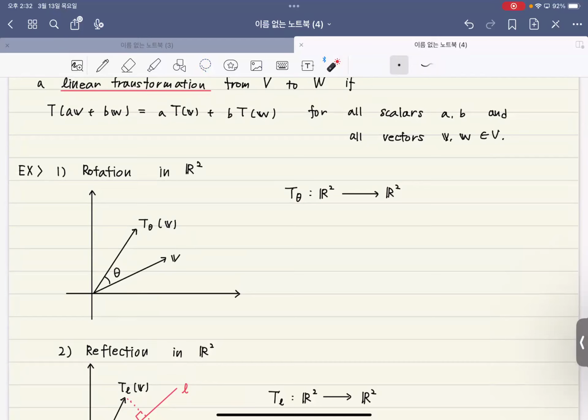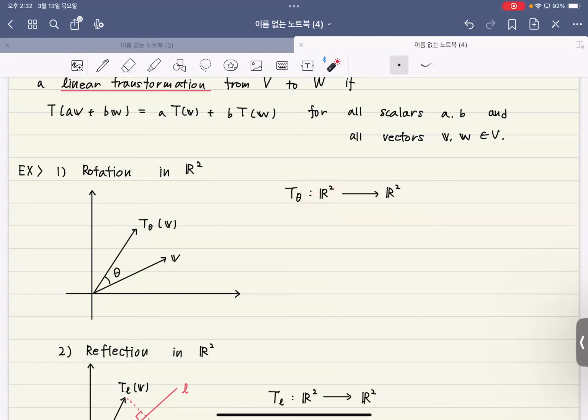The rotation. Rotation is a linear transformation. Why? I want to define a function, namely T theta, from two-dimensional Euclidean space to two-dimensional Euclidean space.